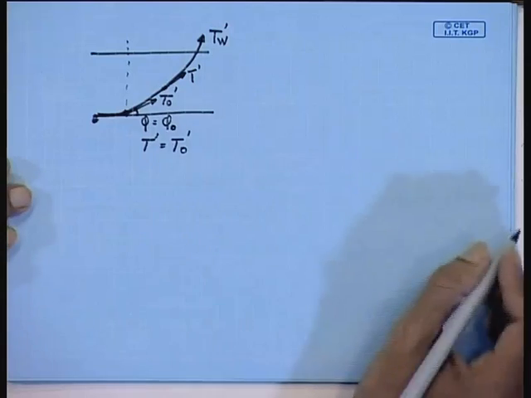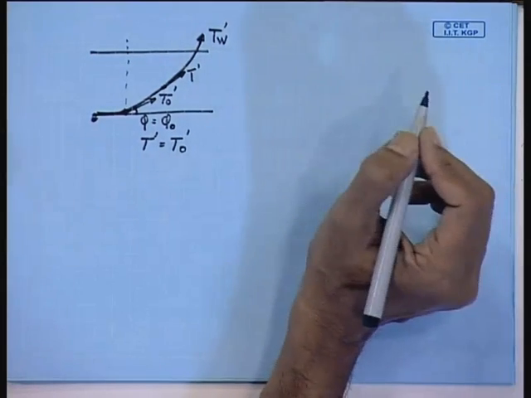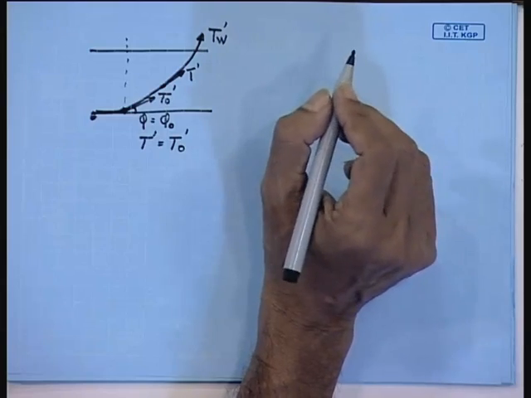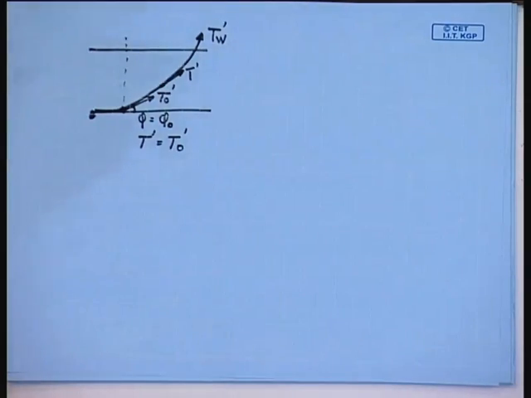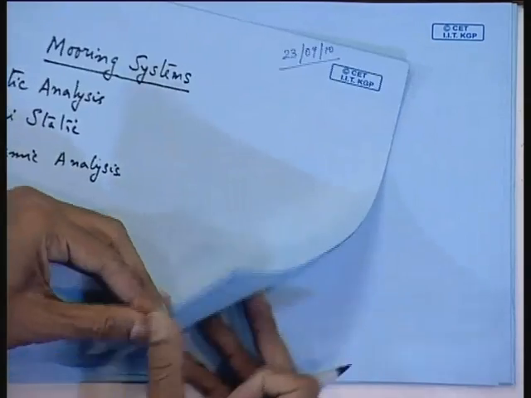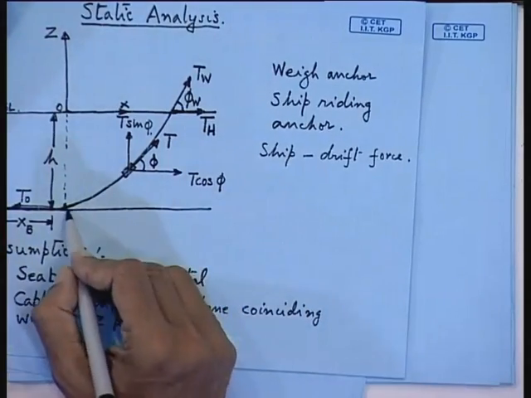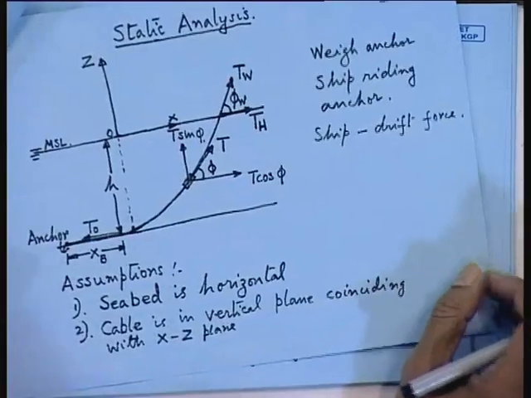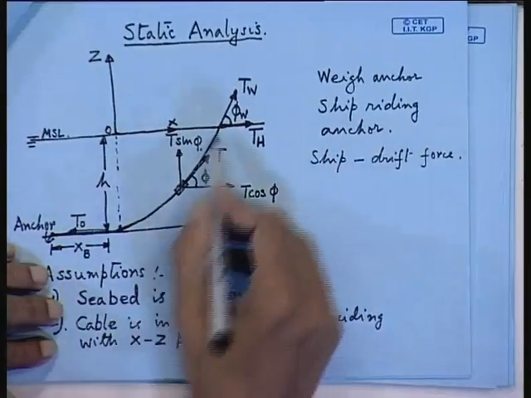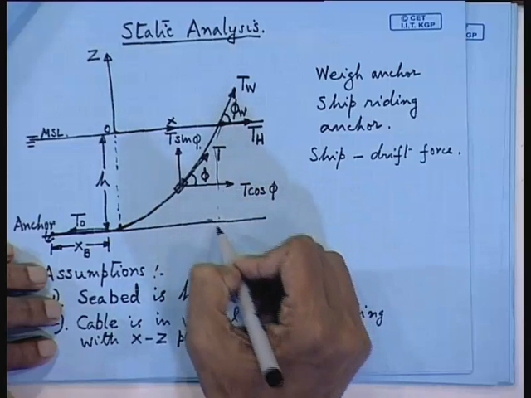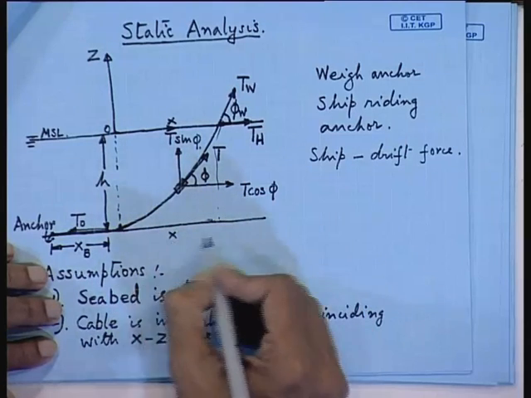Now there are two objectives we have to find out in our previous diagram, the x value. This is what we are aiming at. First you find out the length of the chain cable, then this distance along the x axis and along the z axis. This horizontal distance is x.